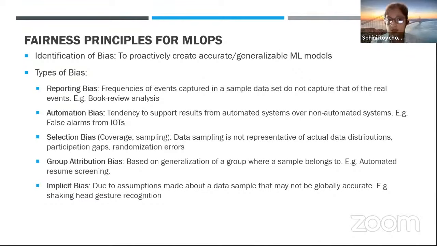Then there is automation bias. That means the tendency to favor automated answers over non-automated ones. Think about it. At least in the Bay Area here, everybody uses home security systems, like automated alarms, and those can sometimes have false alarms. It could be a leaf, a plastic bag, or a delivery person, and they say there's theft.